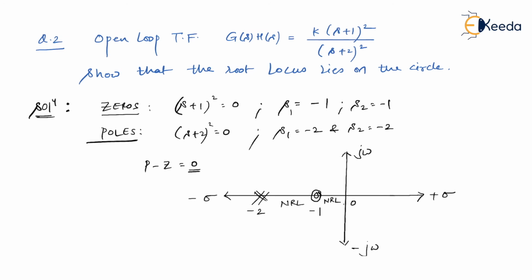Let us talk about the remaining area, from -2 to -infinity. If you count the number of poles and zeros to your right-hand side, again you get an even number, meaning that even this is not a root locus area. So your root locus cannot lie on the negative real axis, right?